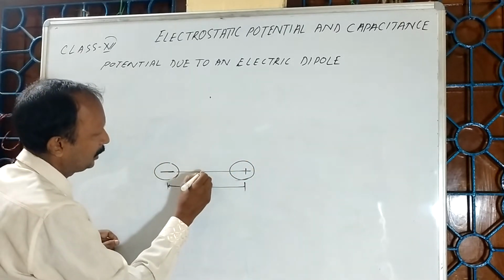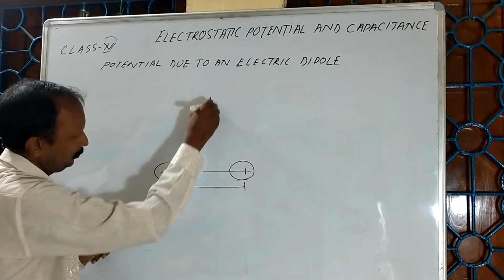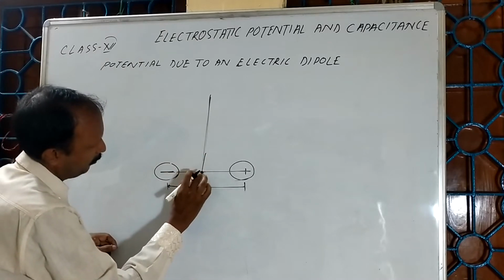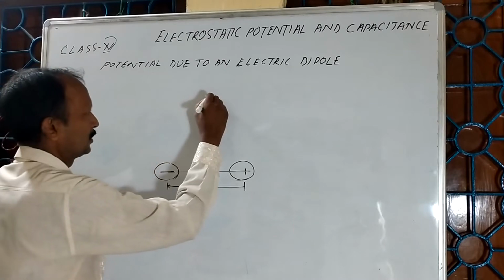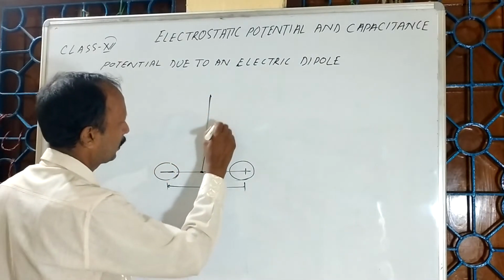That means we will take the midpoint of the dipole. Suppose this is the midpoint of the dipole. Let this distance be equal to r.